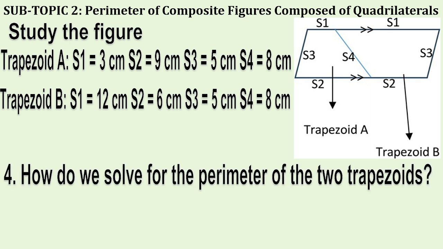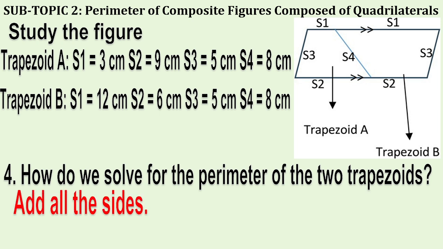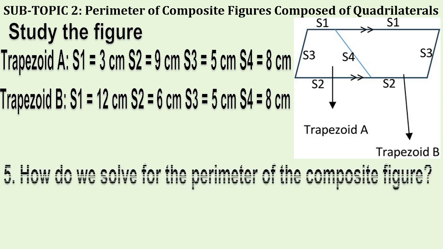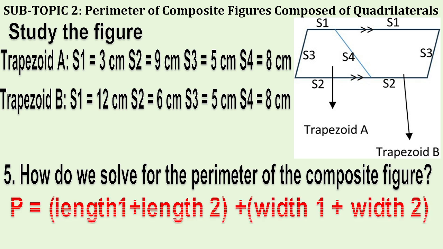How do we solve for the perimeter of the two trapezoids? Add all the sides. How do we solve for the perimeter of the composite figure? So perimeter equals length 1 plus length 2 plus width 1 plus width 2.